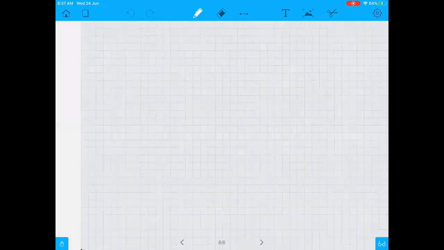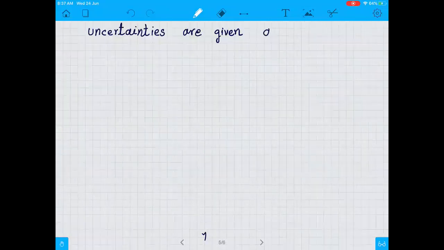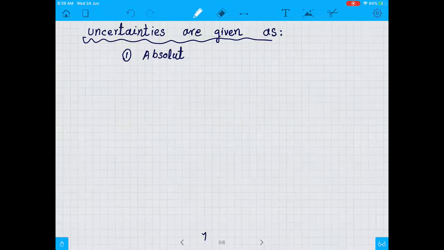Sometimes uncertainties are given as number 1, absolute uncertainty. Just for example, we have a quantity x, it would be given as x plus minus delta x.